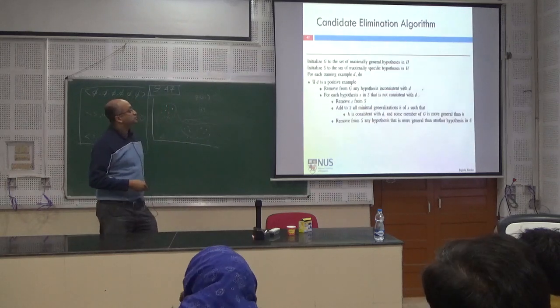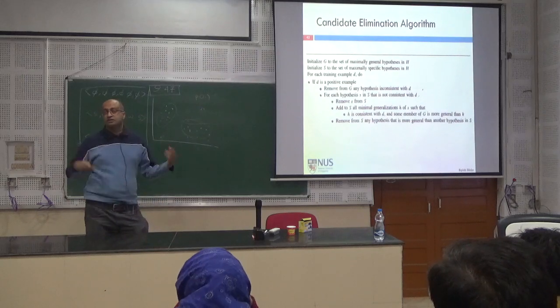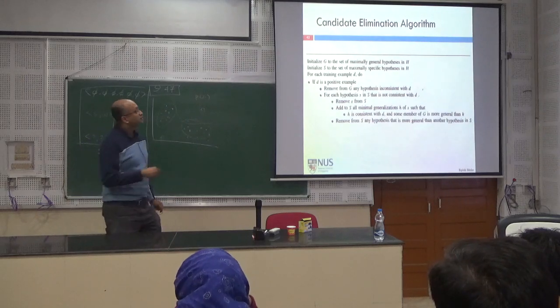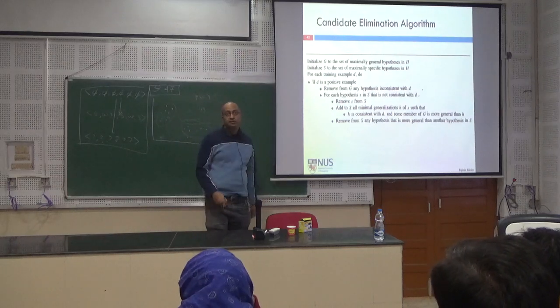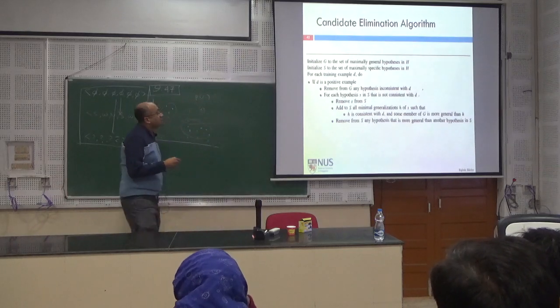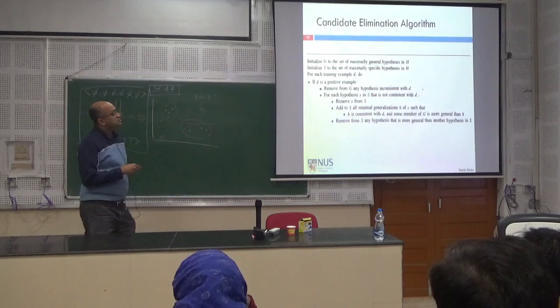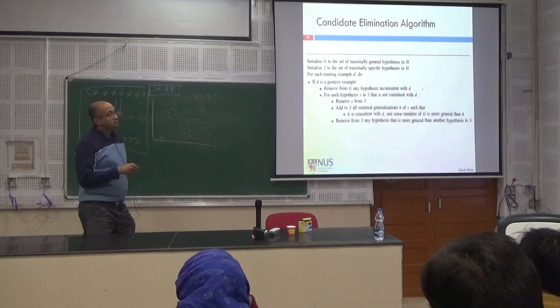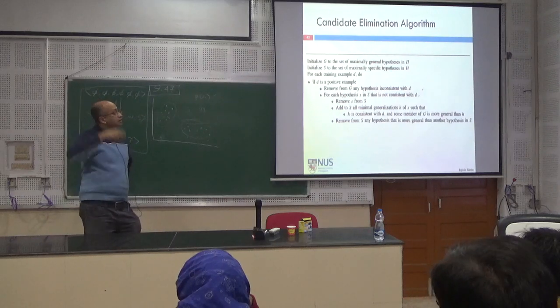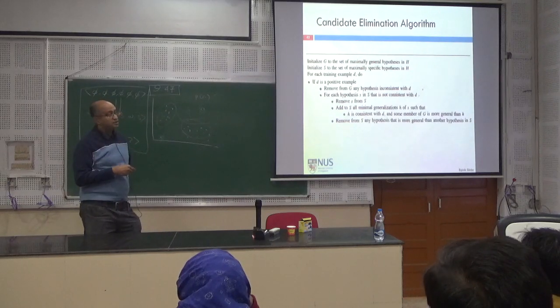So now let's come to the actual algorithm that uses these version spaces. It is called the candidate elimination algorithm. It's a bit long, but let's look at it anyway. This is the initialization step. We first initialize the boundaries, the maximally general and the maximally specific.